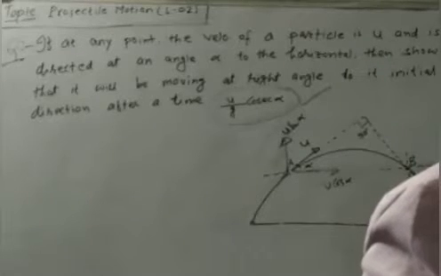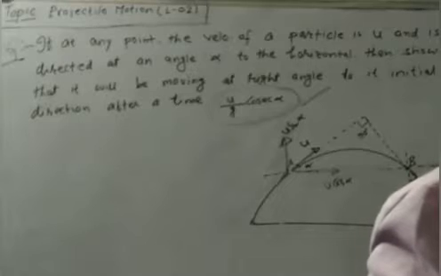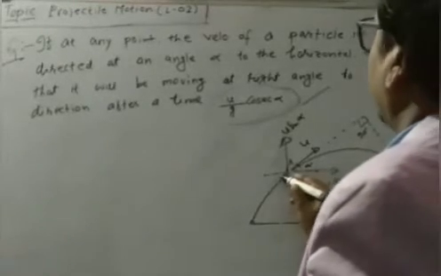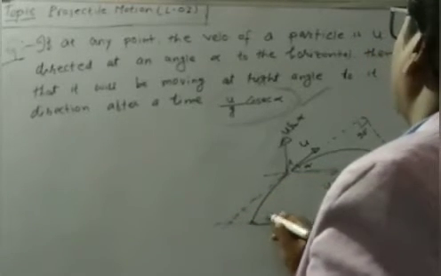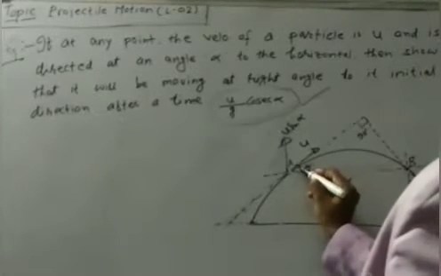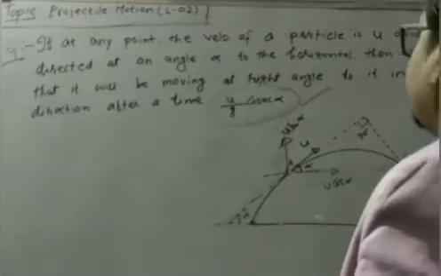We don't know this angle. So we can calculate, however. Just complete this right angle triangle. Okay dear. So if this is 90 and this angle is alpha and this line is parallel to this line, so this must be alpha.